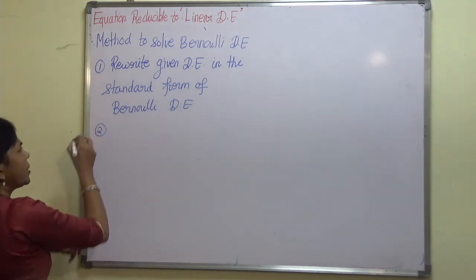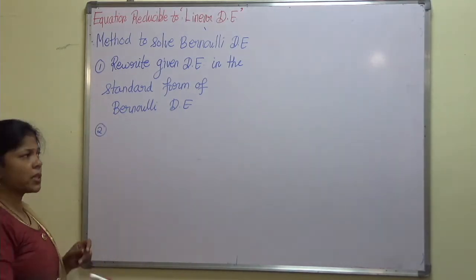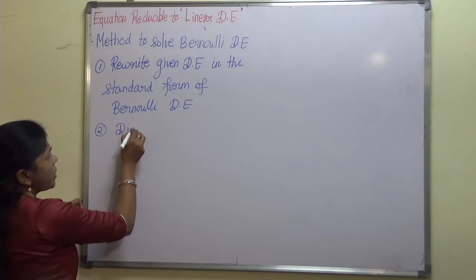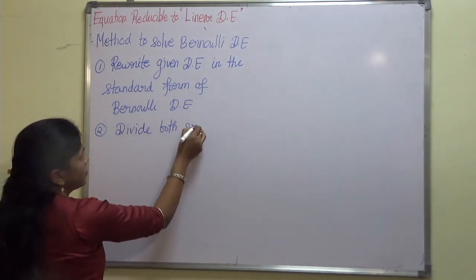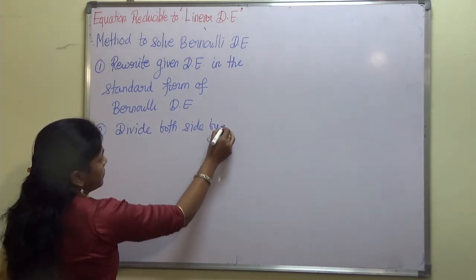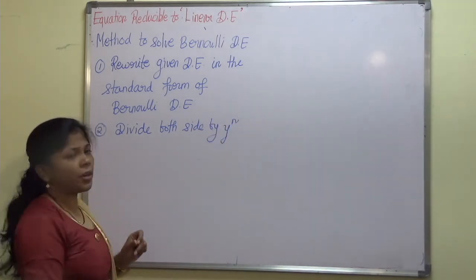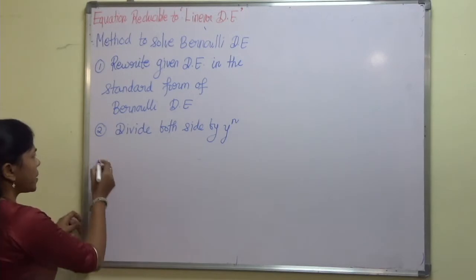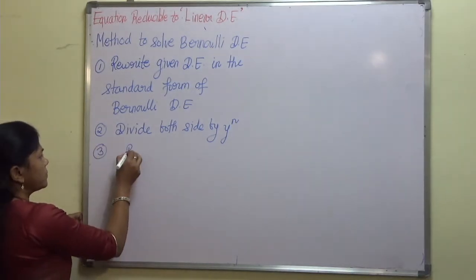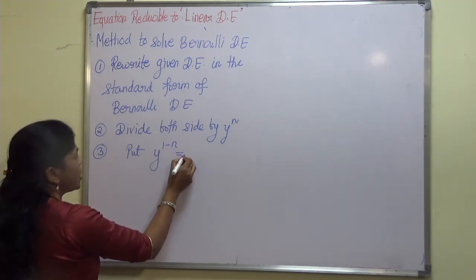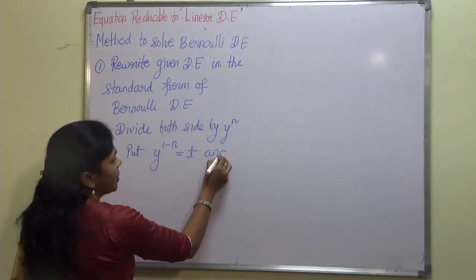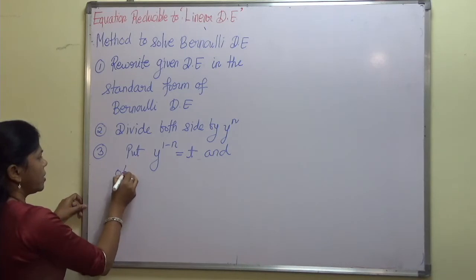Then, once we get a Bernoulli differential equation, just divide both sides by y raised to n. After dividing by y raised to n, take the substitution y raised to 1 minus n is equal to t, and obtain a linear differential equation in t.